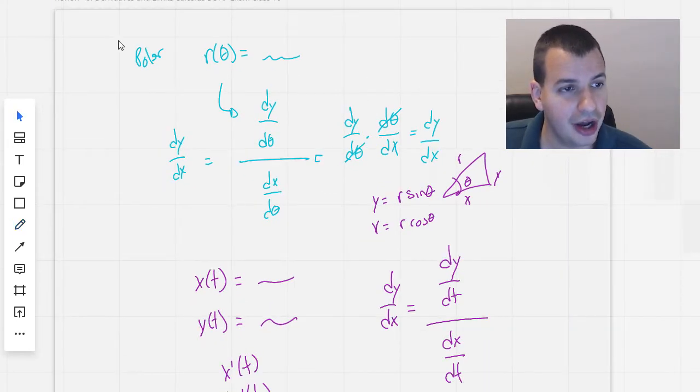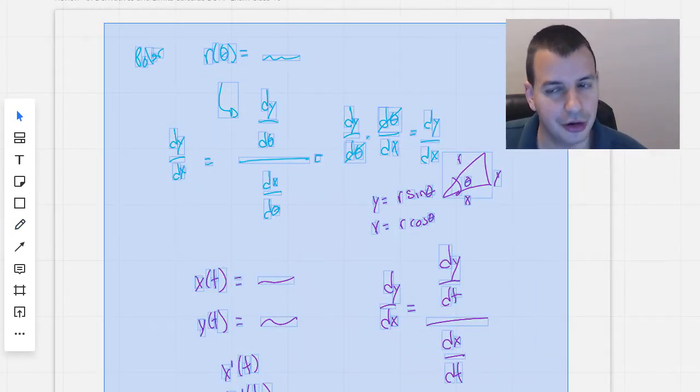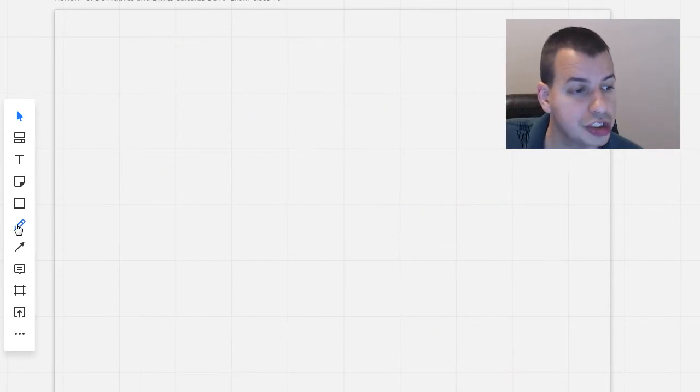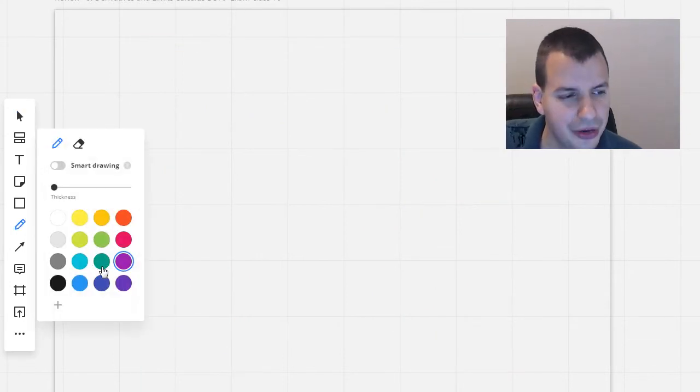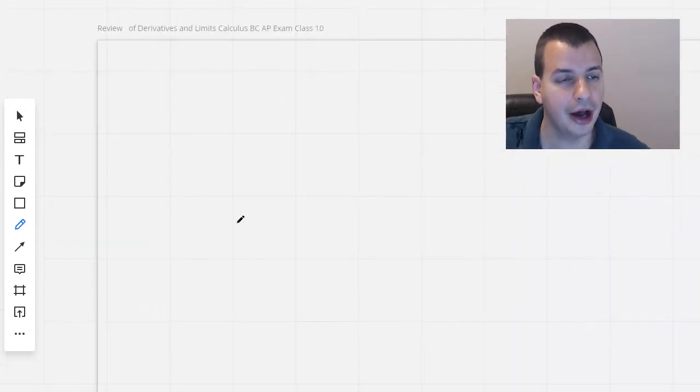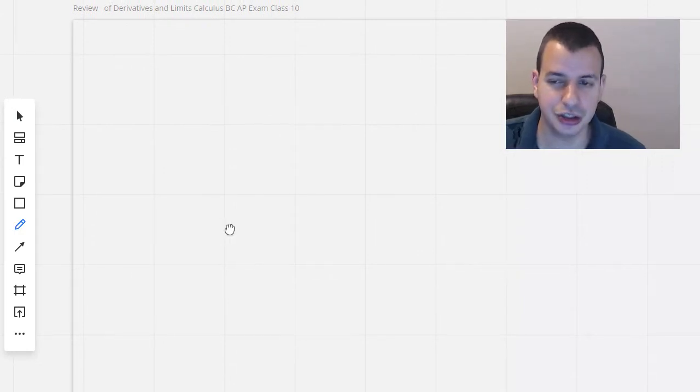Now, the only other thing we talked about, for the most part, was linear approximations. It felt kind of like an outlier, but it shouldn't.